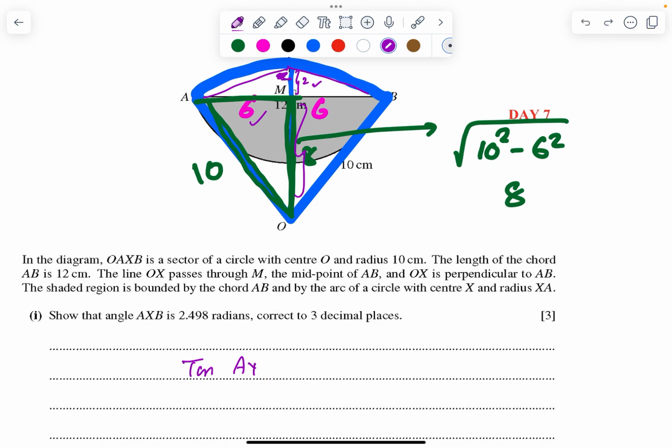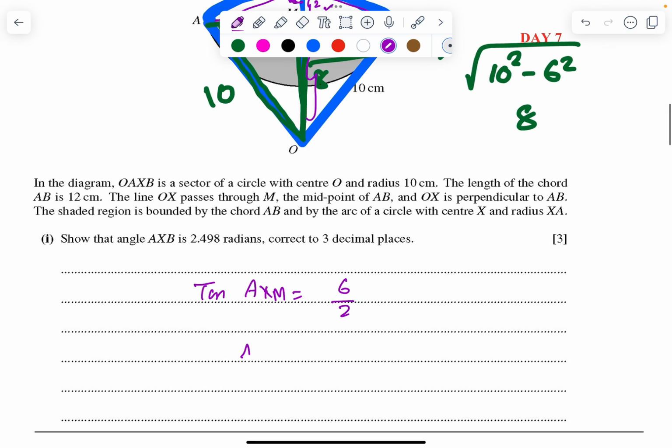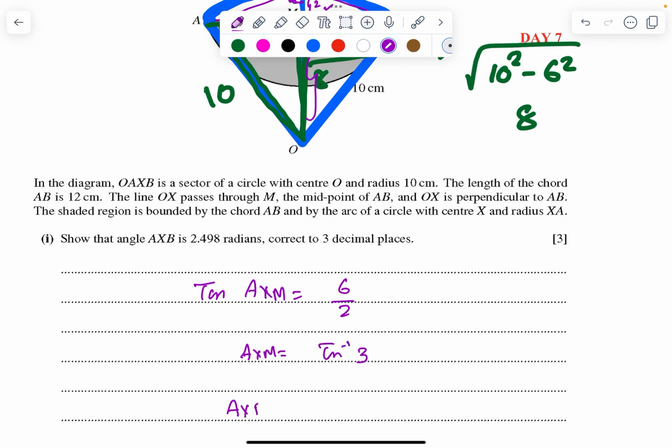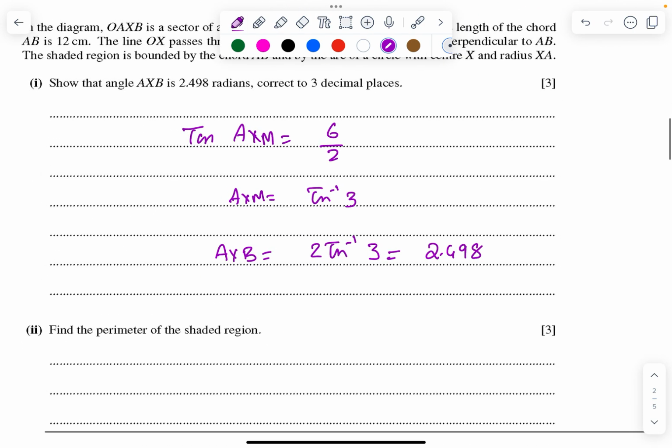AXM equals tan inverse of 6 upon 2, which is tan inverse 3. So AXB equals 2 tan inverse 3. This is the best way to do it, which is going to be 2.498.